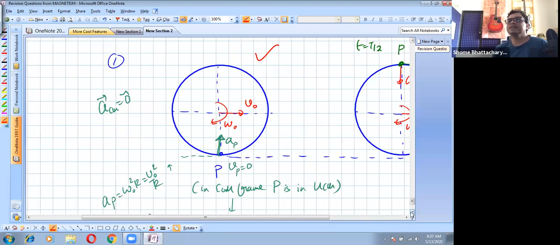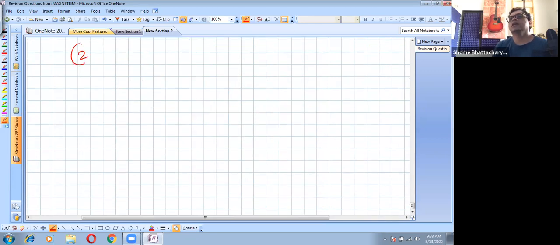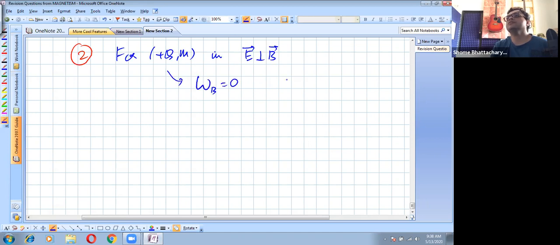And the second trick is for the charged particle. For a charged particle plus q, mass m, in perpendicular electric and magnetic fields, the work done by the magnetic field is zero, because the magnetic force is proportional to V cross B. Therefore, the dot product of the instantaneous velocity with the magnetic force is zero.